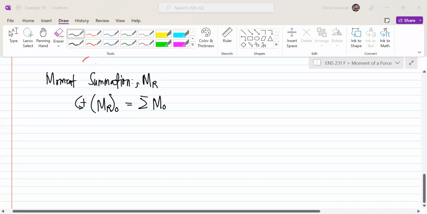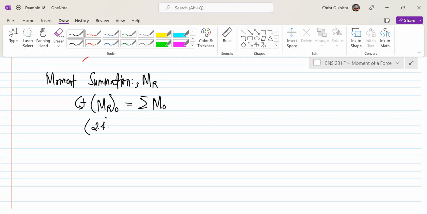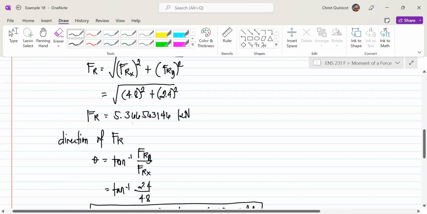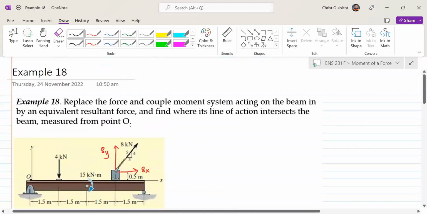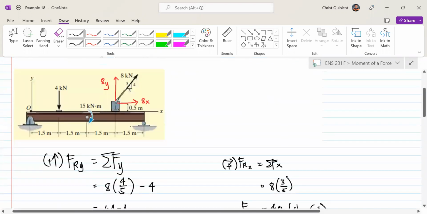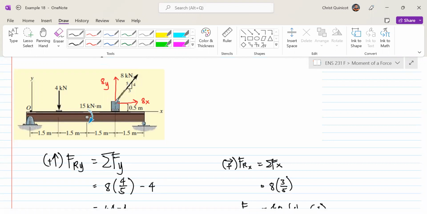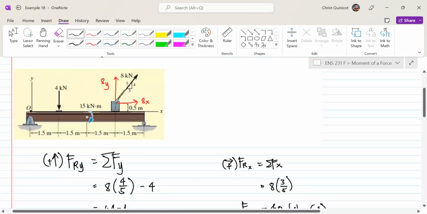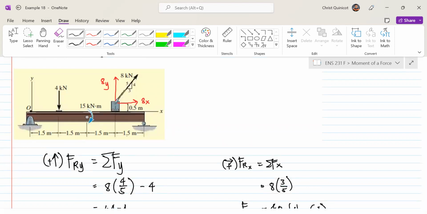So we write 2.4 times its perpendicular distance, which is unknown, D, equal to the moments at point O from the 4 kilonewton, 8y, 8x, and our couple of 15 kilonewton meter, which is clockwise. The 4 kilonewton is clockwise as well, 8y is counterclockwise, and 8x is clockwise.